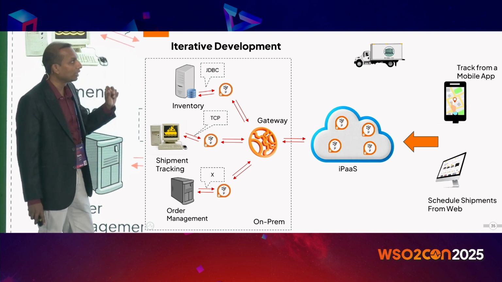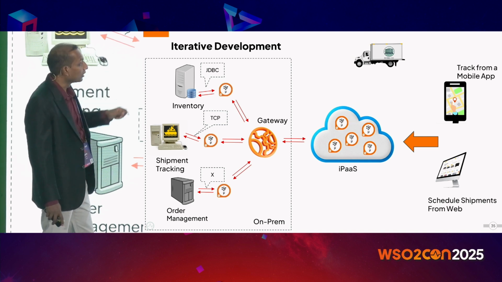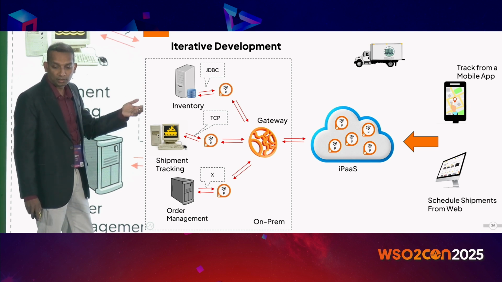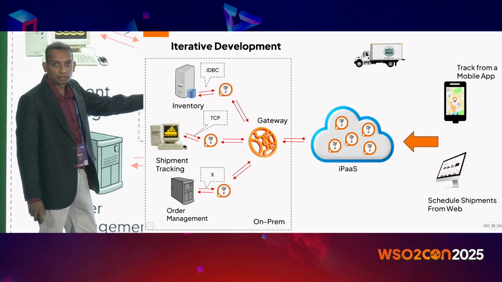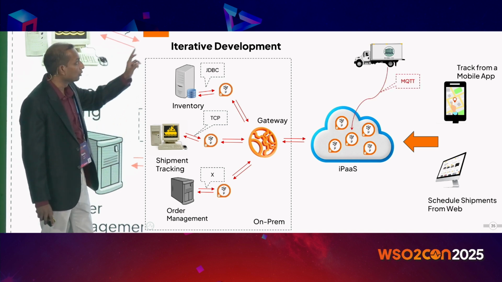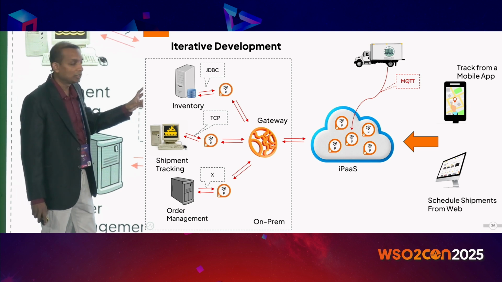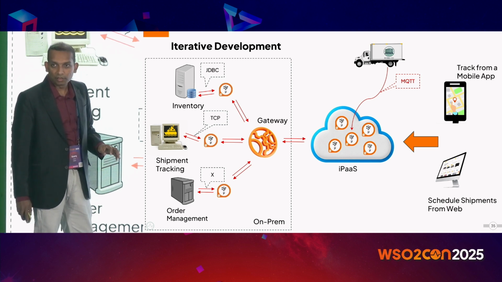The delivery van can send out MQTT messages to give the coordinates and the tracking information. So we bring a new service into the system and get it interconnected with our MQTT protocol. Now we have the new tracking system on the cloud that gets connected with the delivery vehicles.